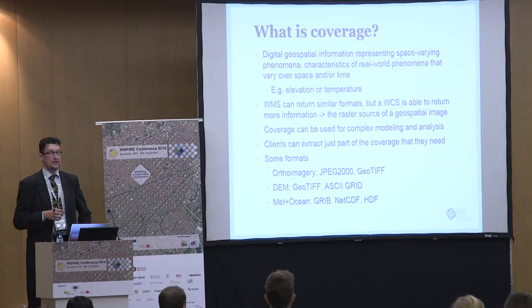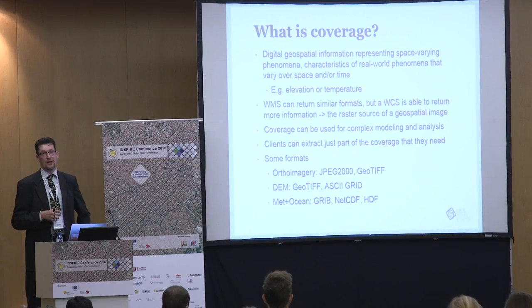I have in next slides a few examples. So it can be used for complex modeling and analysis, so to be used in a clever way, and of course clients can extract just what they need.